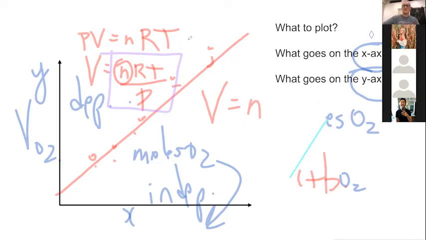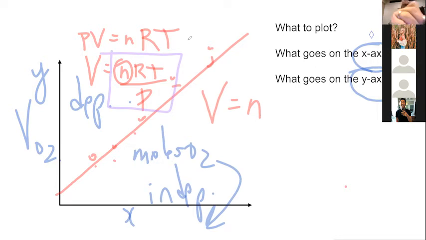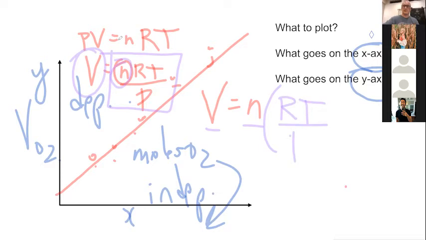Basically all you have to do is just rearrange PV equals nRT, the ideal gas law, to see what the relationship is between volume and n. So if V equals nRT divided by P, that means if I plot n versus V, the slope of my line will be whatever it is I'm multiplying n by, and that is RT divided by P.